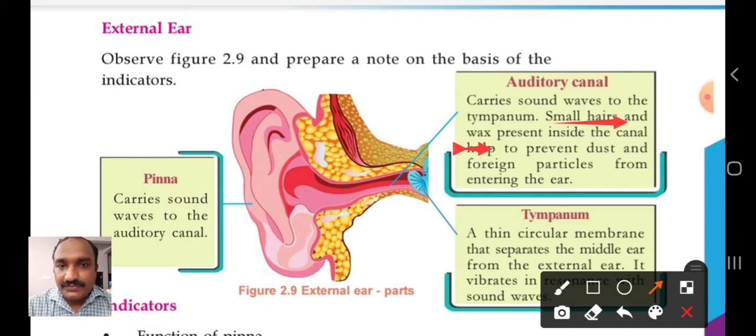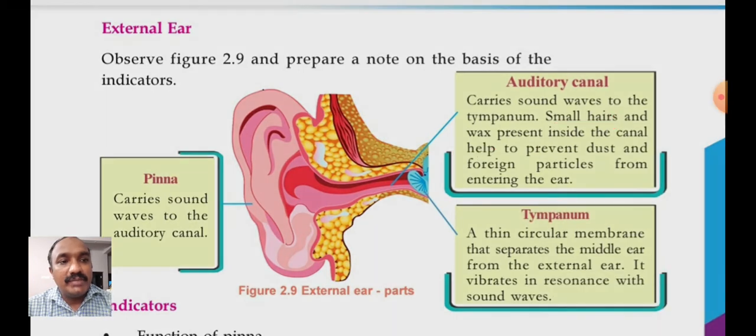Next part is the tympanum. It is a thin circular membrane that separates the middle ear from the external ear. This is the external ear, we are discussing it. So the external ear and middle ear are separated by whom? By the tympanum. That is the first point. And it vibrates in resonance with sound waves.